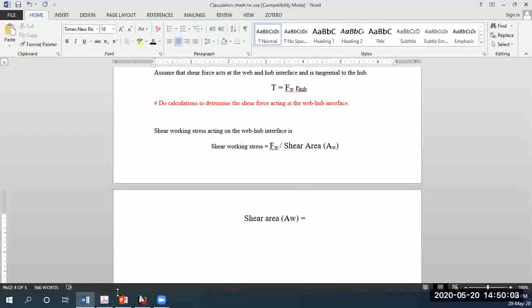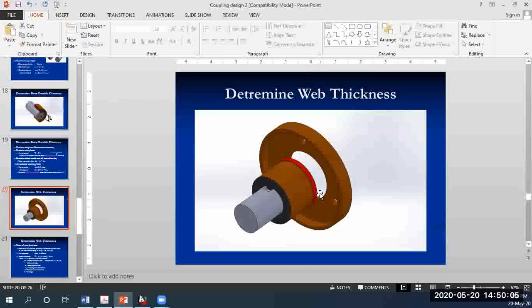Cross-section area of the web, yes. Yeah, this part in red. How would you be able to determine that area? It's part of the circumference of the hub, right? But it has a thickness to it, right? So what is the web thickness? What we are after? So how would you be able to find that out?